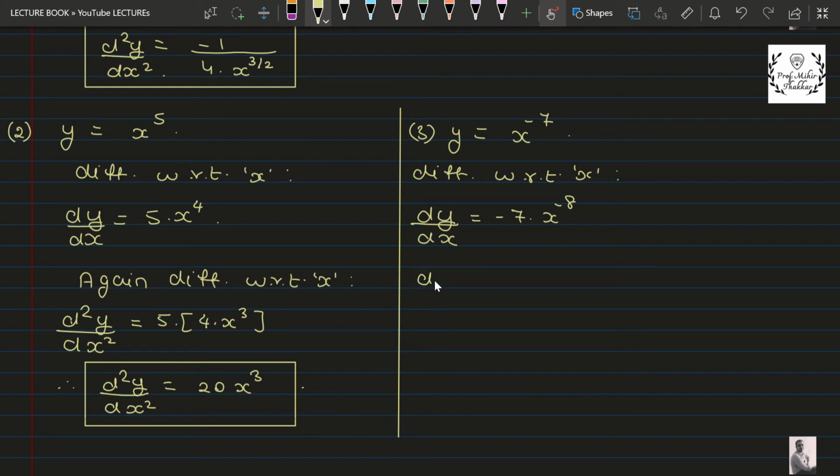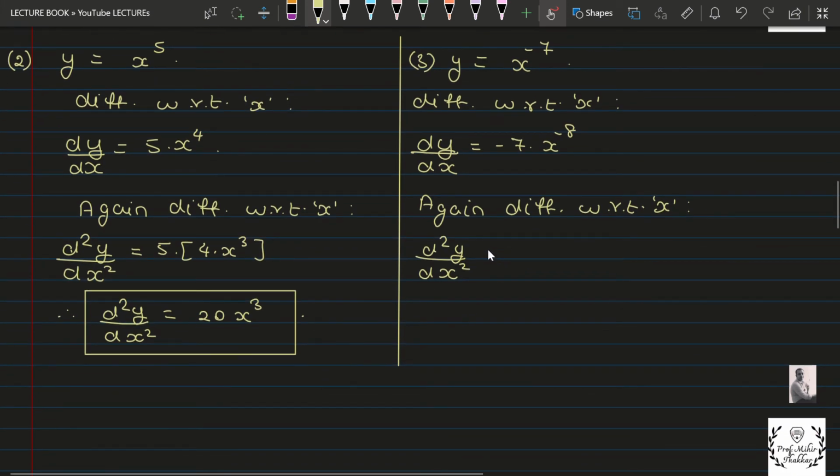Now, in order to find the second order derivative, we will say over here again differentiate this with respect to x. So derivative of dy by dx is d square y by dx square, and minus 7 is the coefficient, so we leave this, and it is minus 8 x to the power minus 8 minus 1, minus 9.